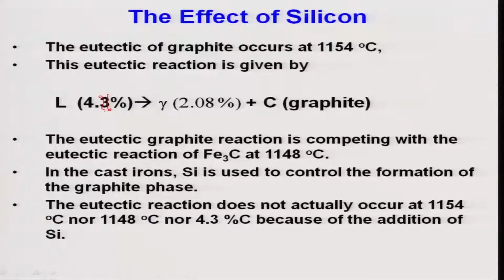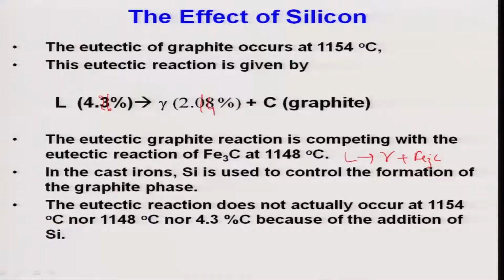So, 4.26% carbon going to gamma of 2.14, these are wrong actually, I am correcting it, and graphite. This eutectic graphite reaction competes with the eutectic reaction of Fe3C at 1140 degrees Celsius. What is that? That is basically gamma plus Fe3C. These two reactions are competing with each other.